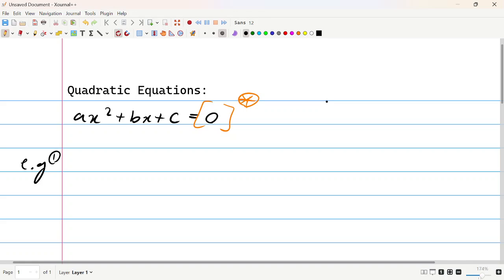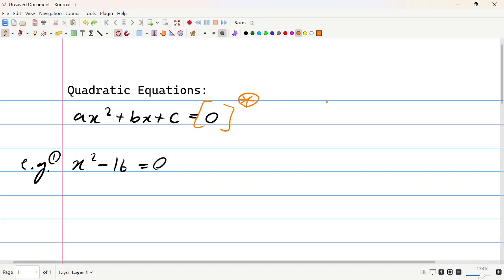This one over here. Example 1. What happens if I say x squared minus 16 is equal to 0? Now first things first, 0 is already on one side on its own. But we clearly see that we need to factorize this. And what is this? This is a difference of two squares.